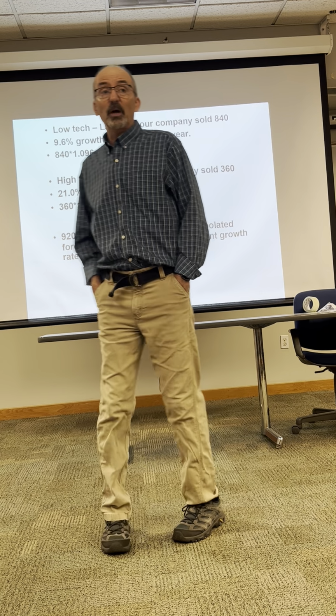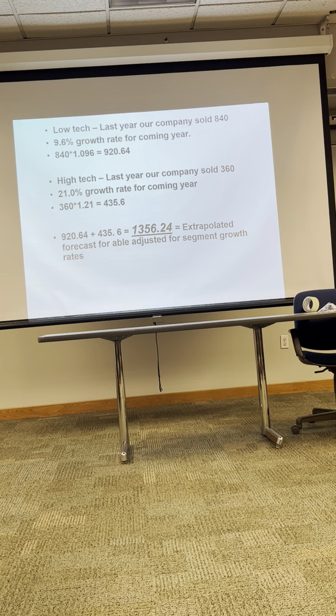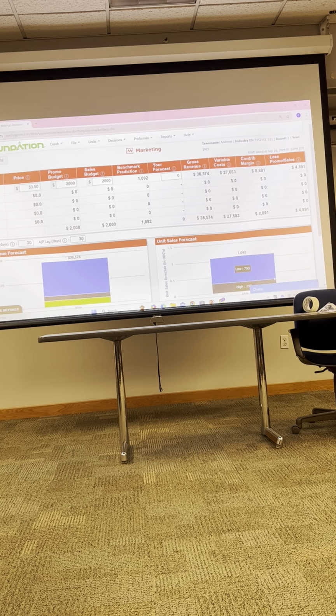I'm going to talk about some other methods for forecasting later, and they are in the handout that I gave you, kicking off the caps towards the end. But I'm going to go ahead and put in 1356. Notice it's better than what that benchmark prediction would have given us because the companies are really not that good yet.